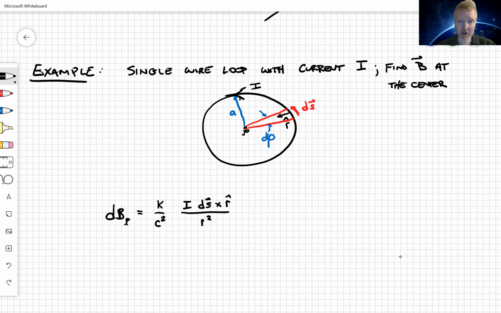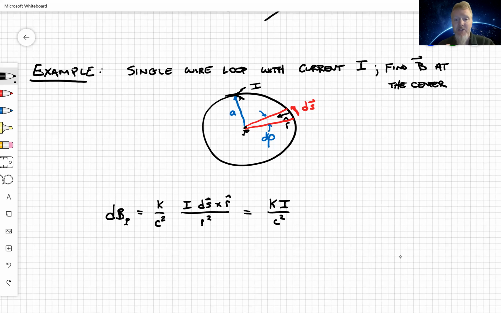And r squared is just the radius of the circle, and it's constant, which is awesome. So this thing here, I'm just going to write this out. I'm going to say k i over c squared, and I'm going to do ds cross r hat, but that's disappearing because my sine of theta is always 90 degrees.